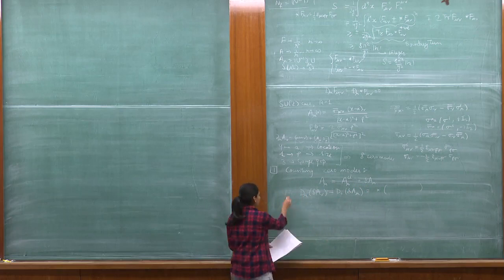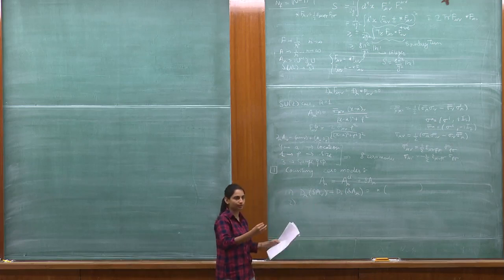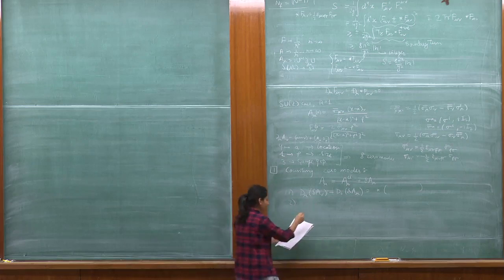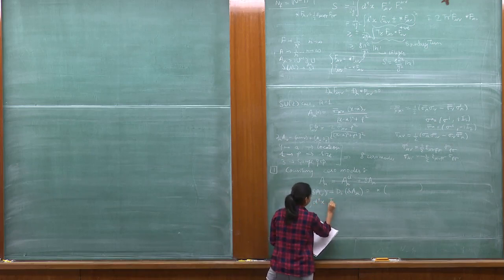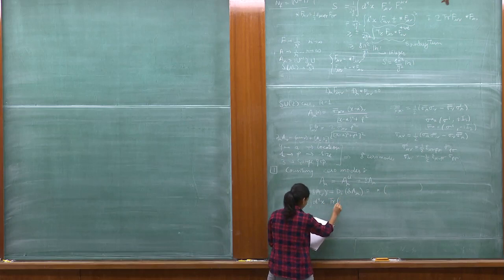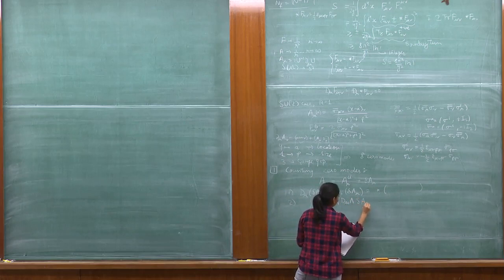So the second condition you demand on delta A_mu is that it's perpendicular to the gauge transformations. That is, the integral d^4x of trace of D_mu lambda, where lambda is the gauge rotation, times delta A_mu is equal to 0.